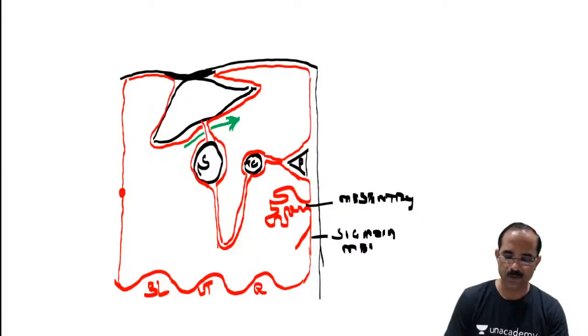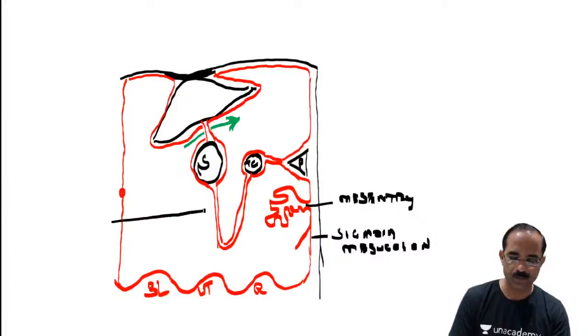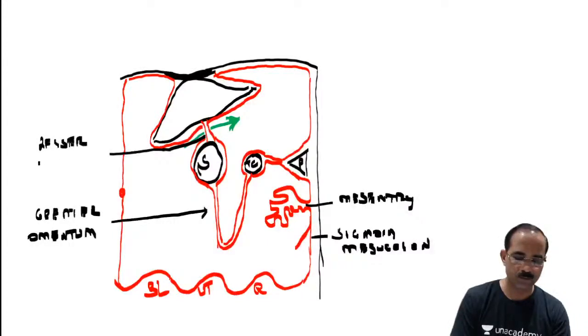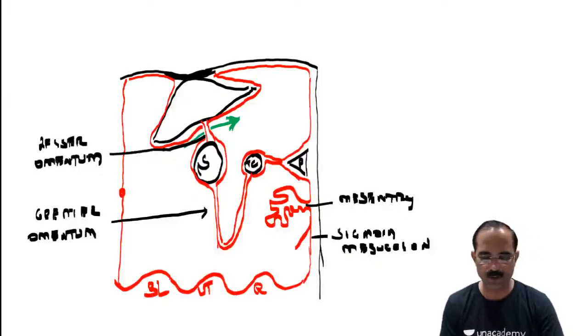That's sigmoid mesocolon. Greater omentum. Lesser omentum. Greater omentum, lesser omentum.